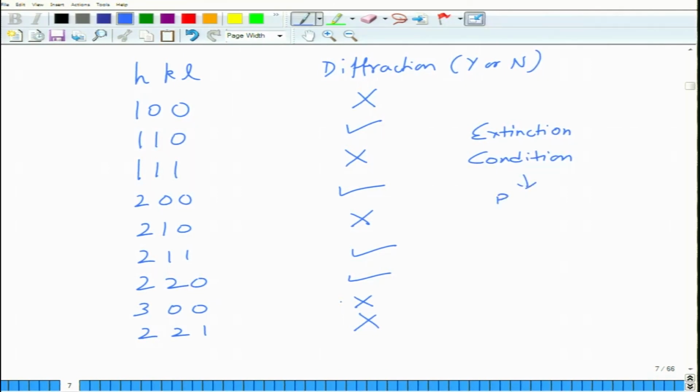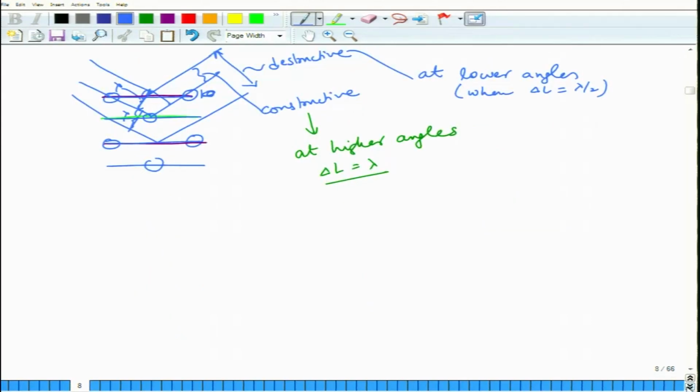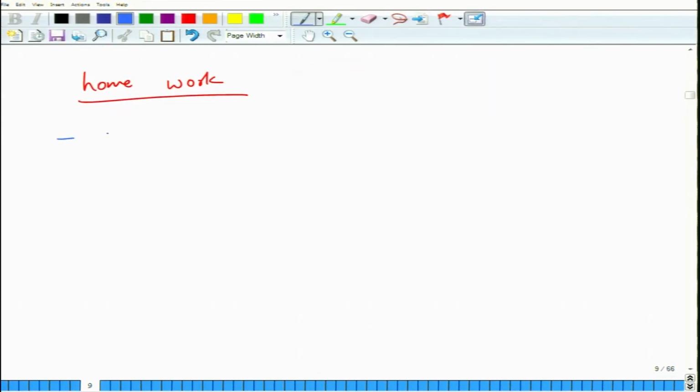So for BCC it is h plus k plus l should be even for diffraction to occur. So as homework, carry out similar analysis for FCC crystals.